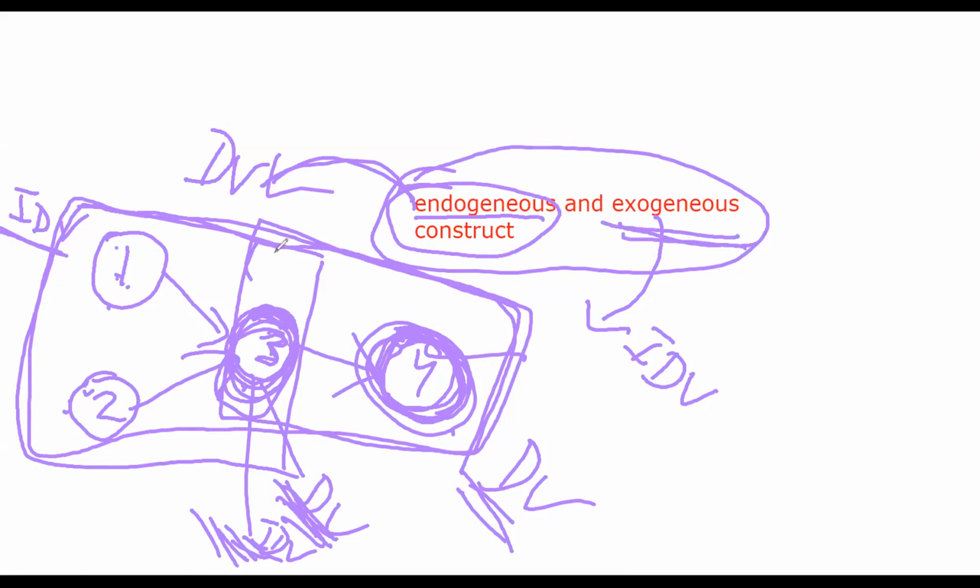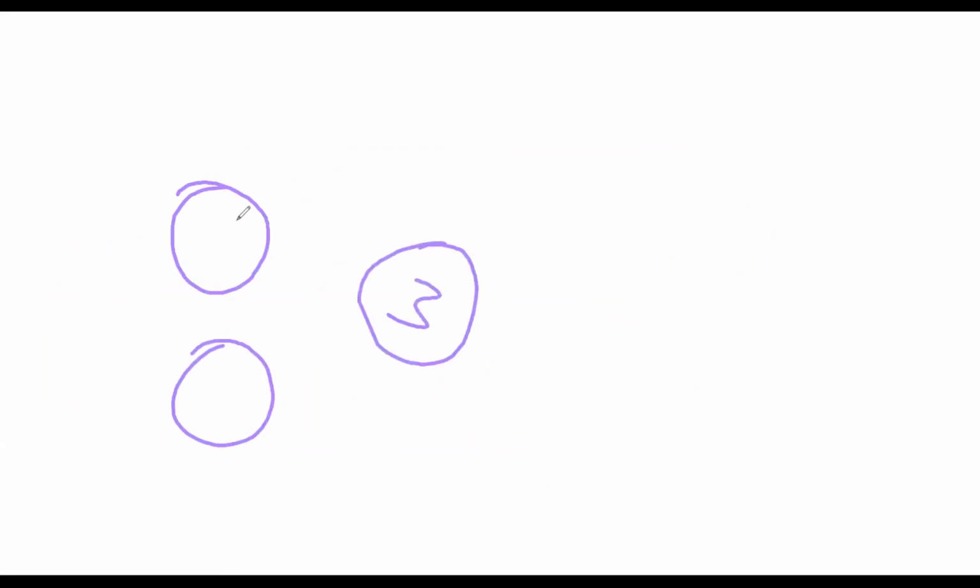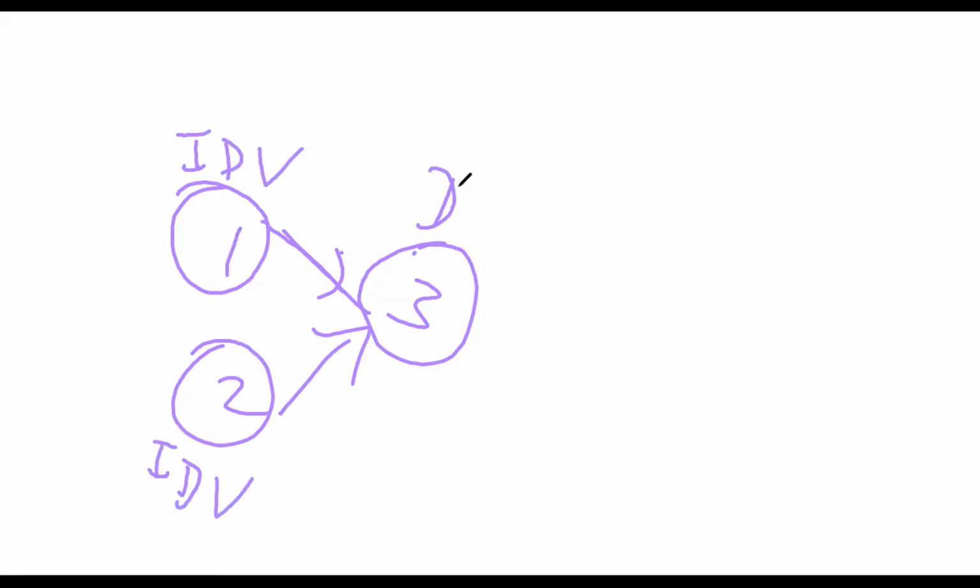Suppose you have a relationship like this: 1, 2 and 3. Here you cannot say that 3 is an endogenous construct yet, because here 1 is acting as IDV, 2 is acting as IDV, and 3 is acting as DV.